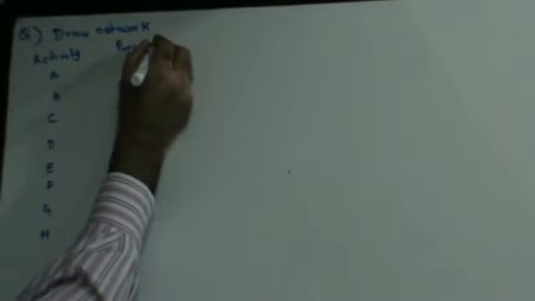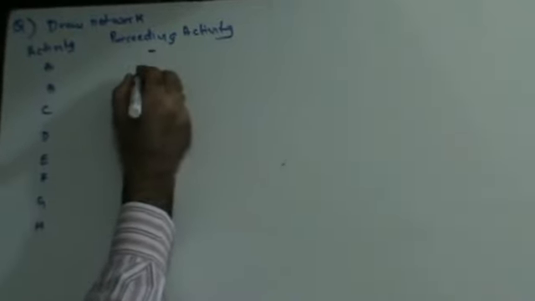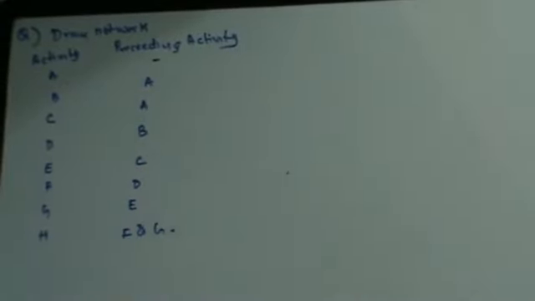Activities are A, B, C, D, E, F, G, H. The preceding activity is given to you as blank, A, B, C, D, E, F and G. Now that's the question. You have to draw a network for this.